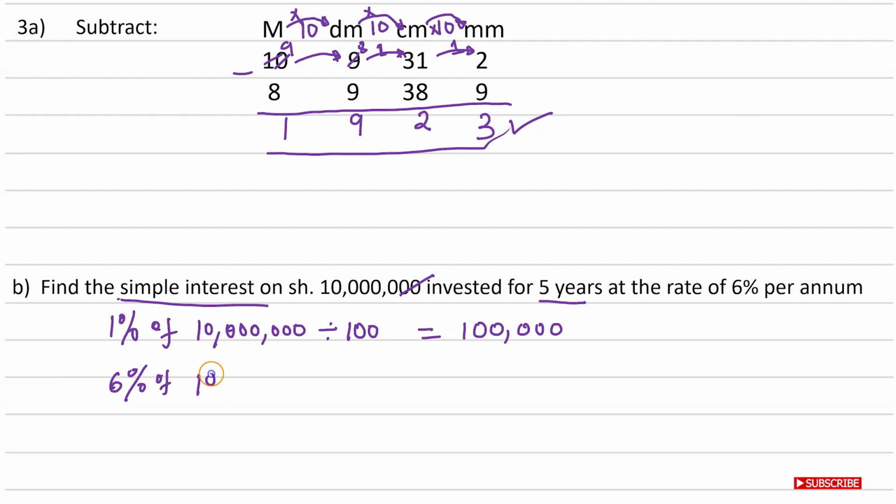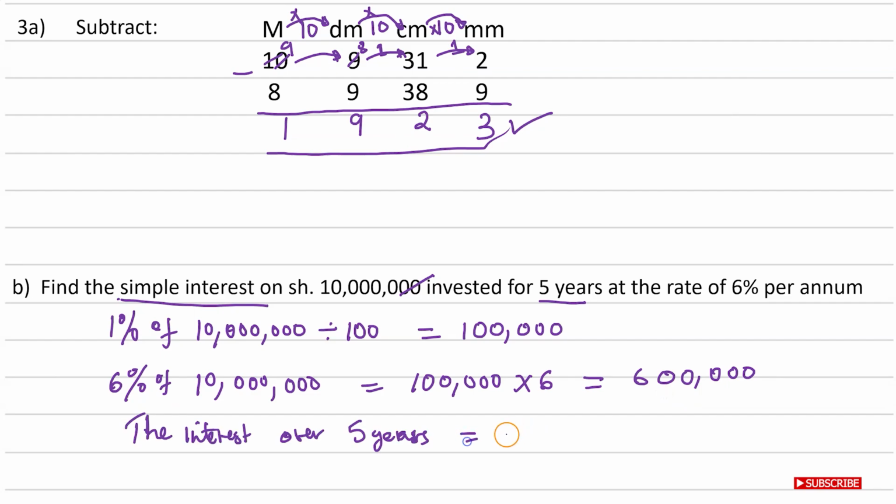So 6% of 10 million now is going to be equal to 100,000 times 6, which is going to be equal to 600,000. So this is per 1 year. Now over 5 years, then we need to multiply by 5.